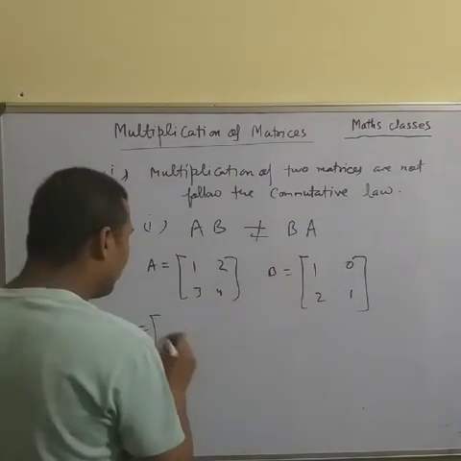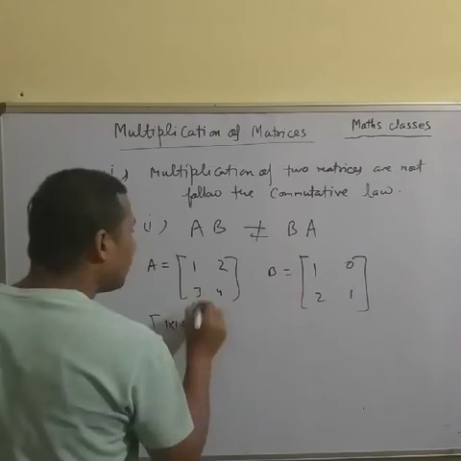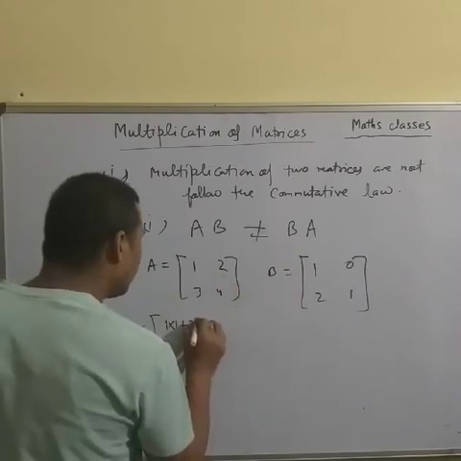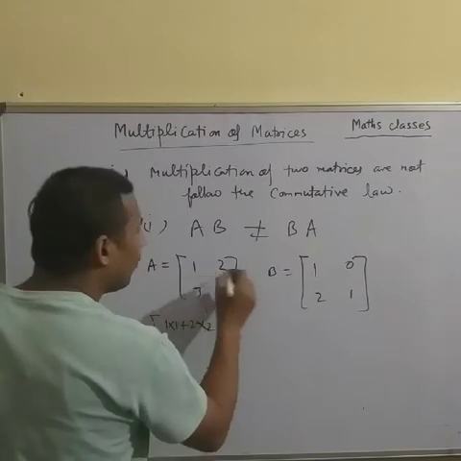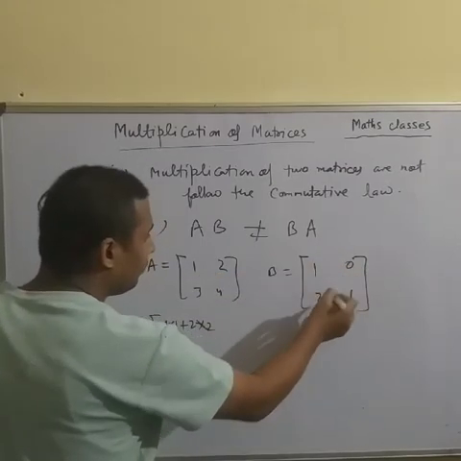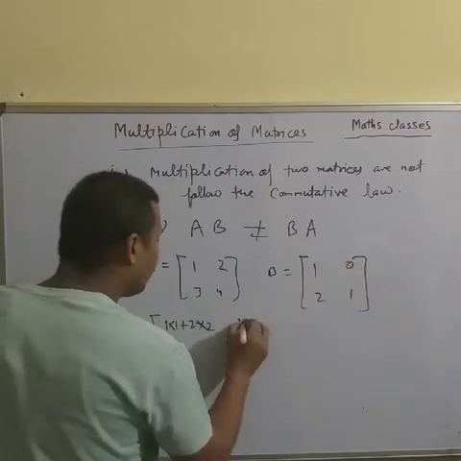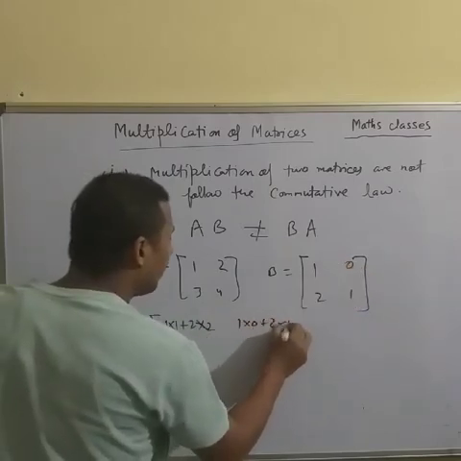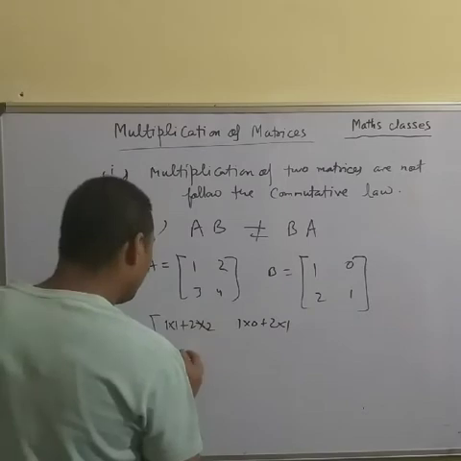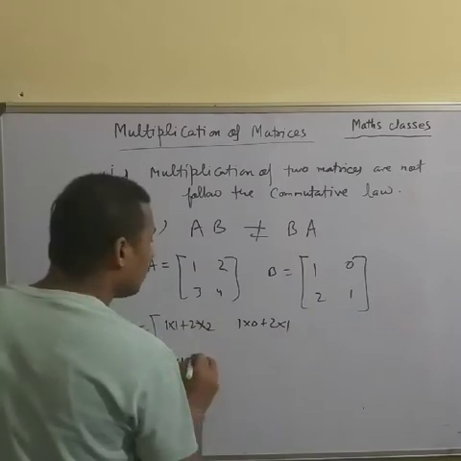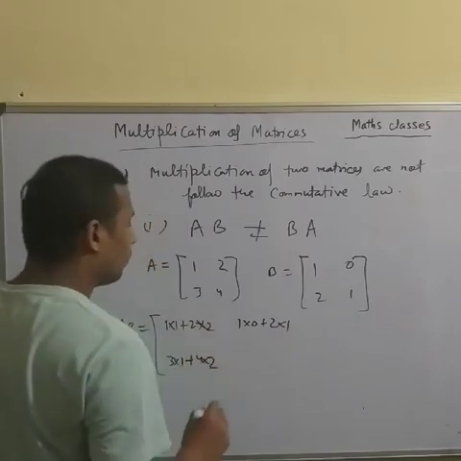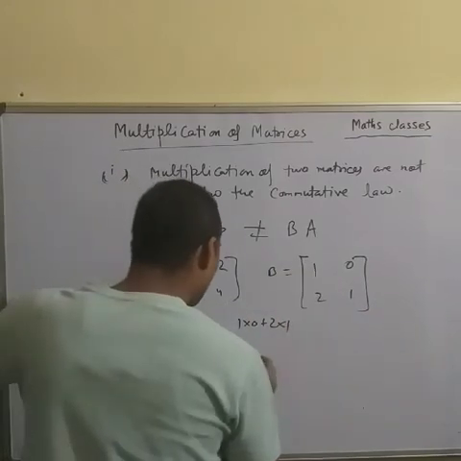1 multiply 1, 1 into 1 plus 2 into 2. Again 1 multiply 0 plus 2 multiply 1. 3 multiply 1 plus 4 multiply 2. 3 multiply 0 plus 4 multiply 1.